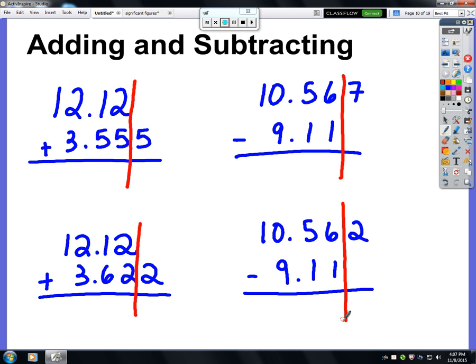Now, what's my answer for this one? My answer for this one is 15.675. I'm going to go ahead and put the answers down, and you figure out what the right answers are.